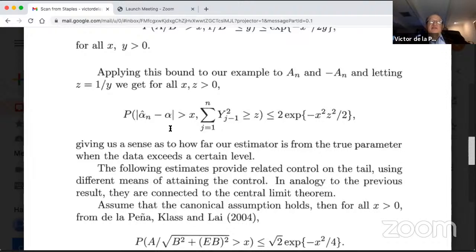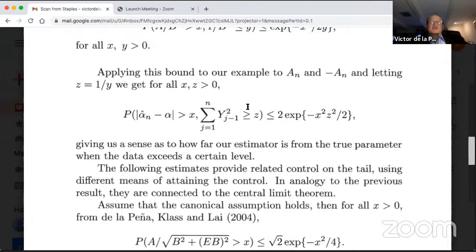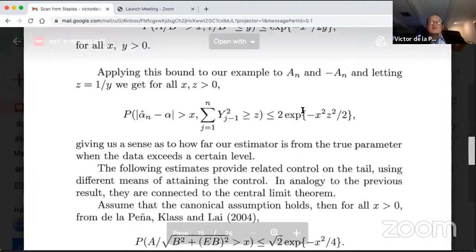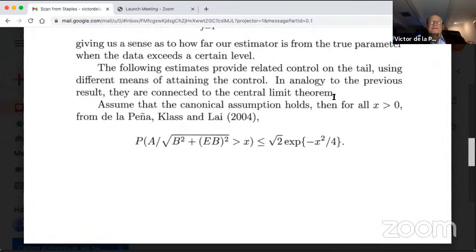This inequality gives us a sense of how far our estimator is from the true parameter when the data exceeds a certain level. So you can use this for testing hypotheses. And if you know that the sum of the yj's is large, you have a sub-Gaussian distribution.